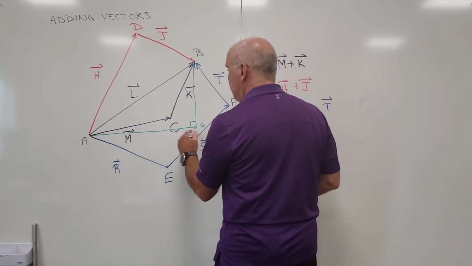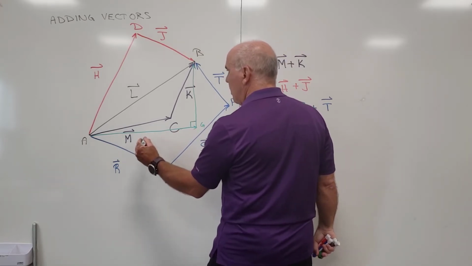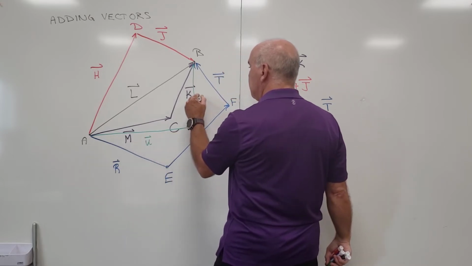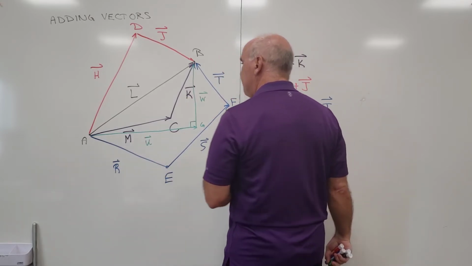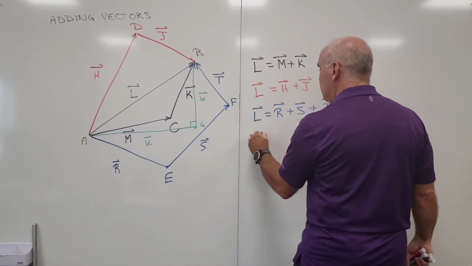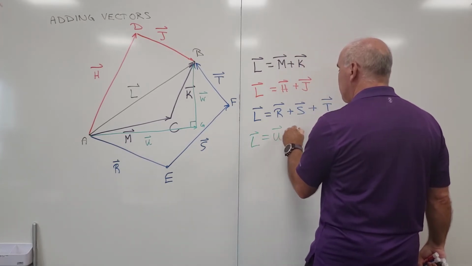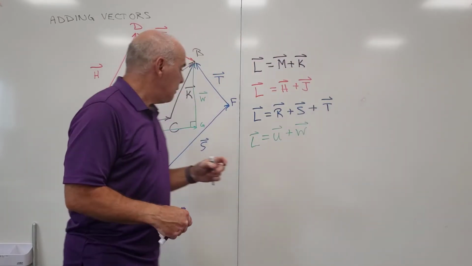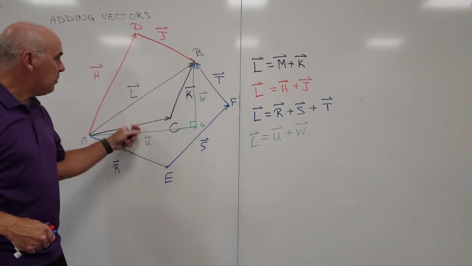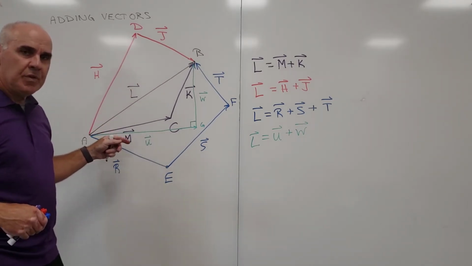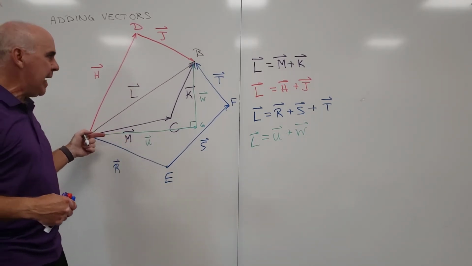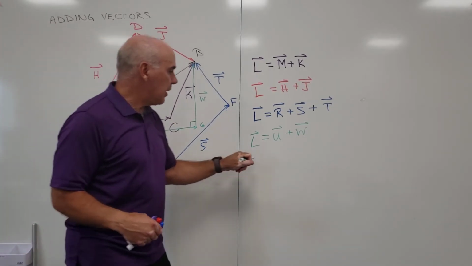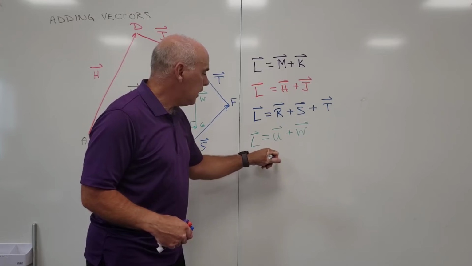So instead of calling it G, let me just call it U and W. So L equals U plus W. But what I like to do is say U is the component of L, the path along the x-axis to get to B. So U is the component of L along the x-axis.